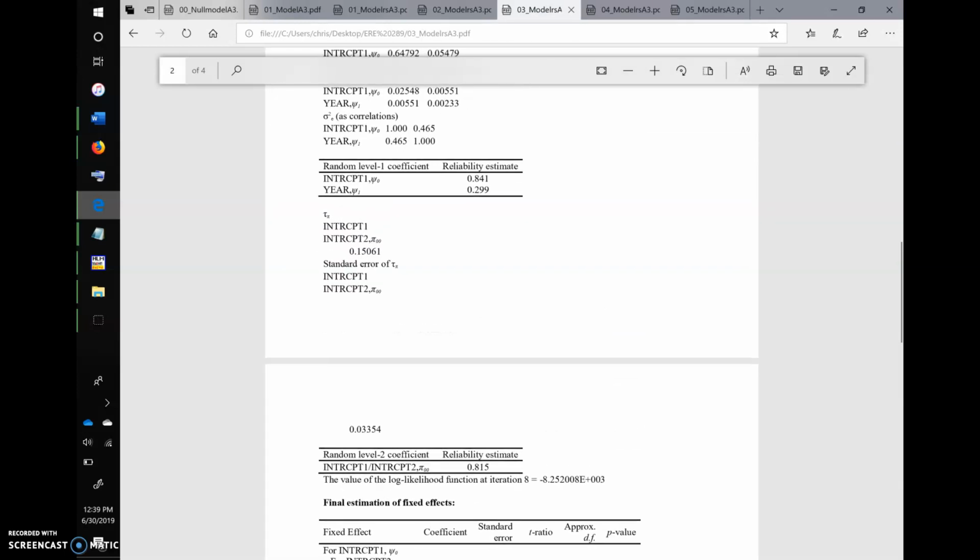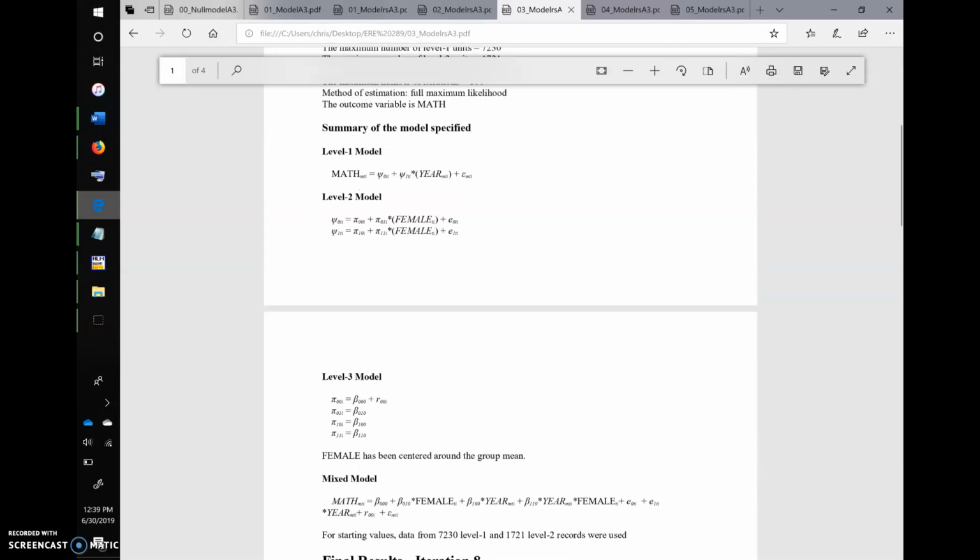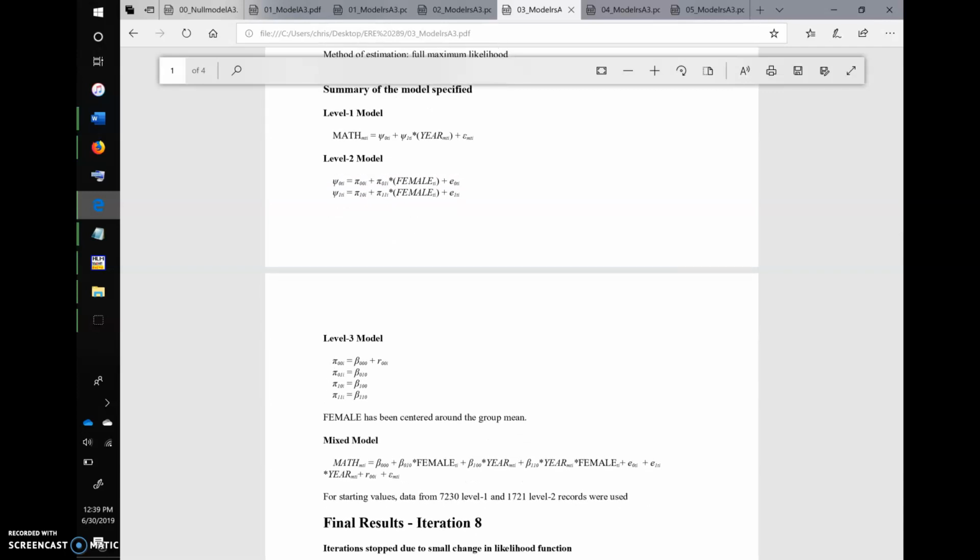For the next model, again the same three-level model, except this time we're adding one predictor, year, and we're also adding females as a predictor in level 2, but also as a slope.